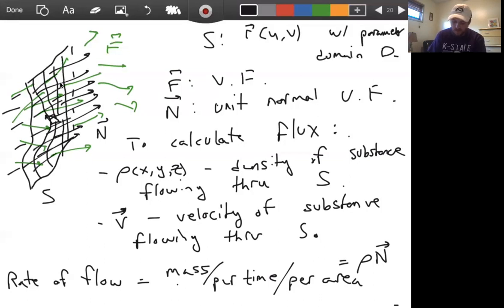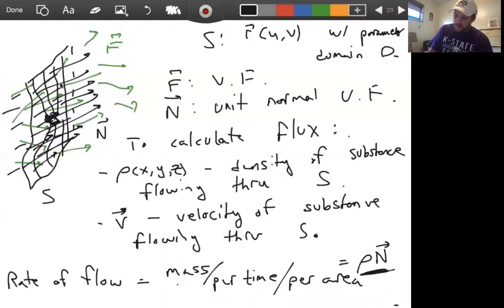We have all these normal vectors that we can take. And we have the density here of this substance. And so to get mass per time per area is going to be rho in here, right? Because the magnitude of this normal vector is going to be the area of the parallelogram spanned by the cross product of the vectors at the base of this normal vector here. And so we get the rate of flow with rho in.